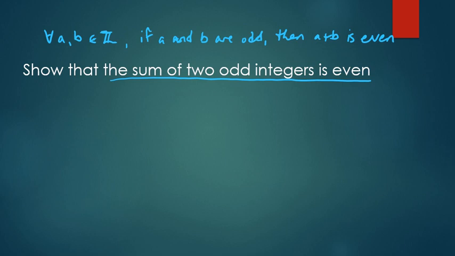We just have two whole numbers, a and b, and we're going to assume that the hypothesis is true here, and we're going to assume that a and b are odd integers. So we can say this really short and sweet.